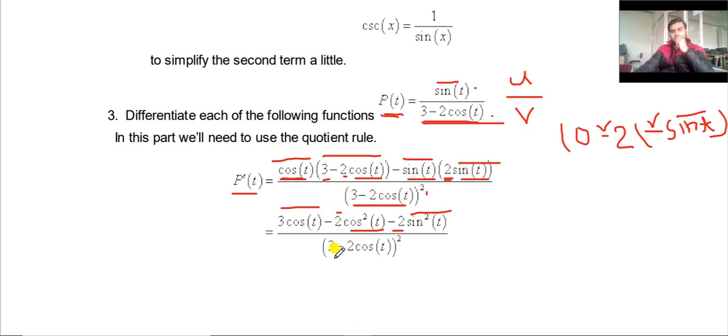Denominator is your 3 minus 2 cos t, its square. So this is your final answer of this question. I hope you understand the basic differentiation of the functions, and after that we will go to some difficult topics. So thank you so much.